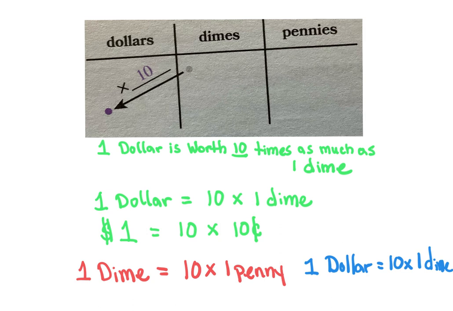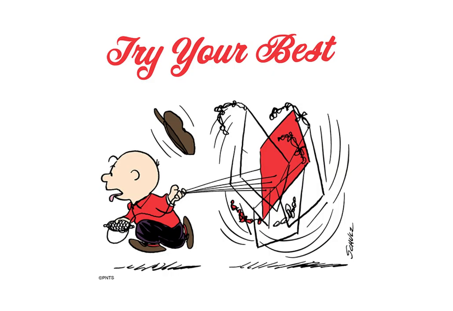Remember, that magical key is that every time we move over to the left in a place value chart, we multiply by 10.